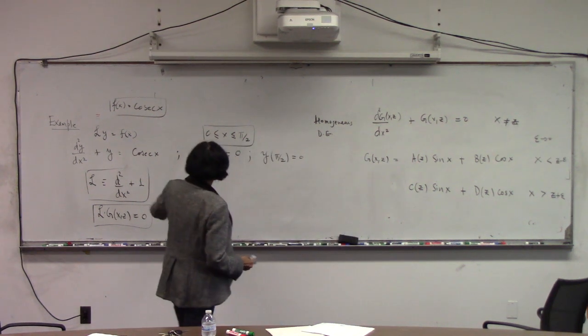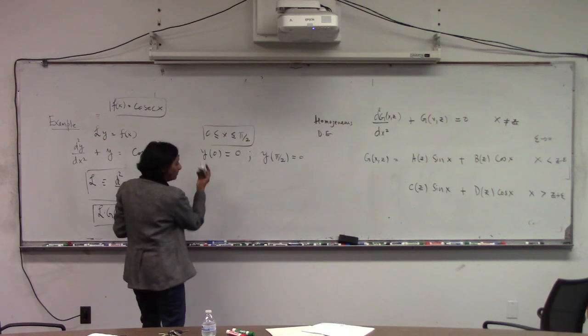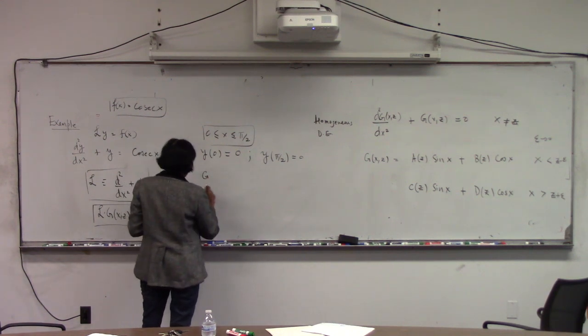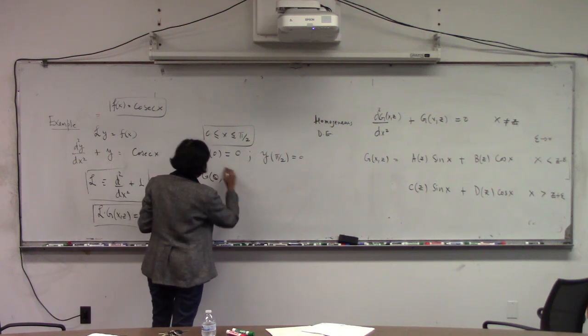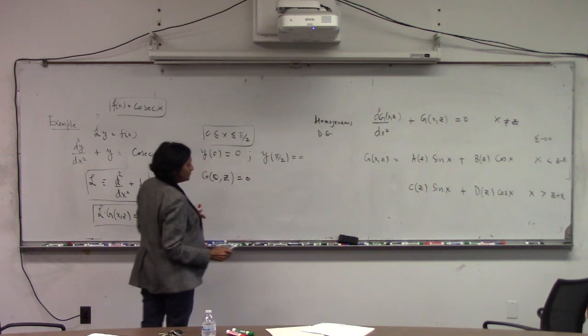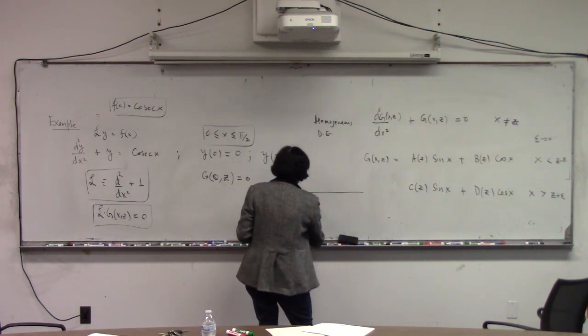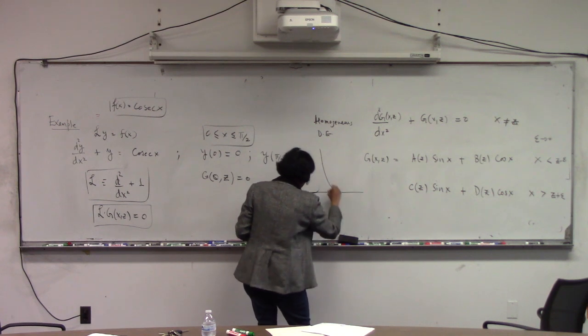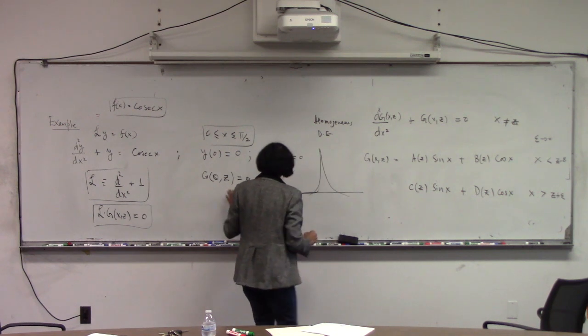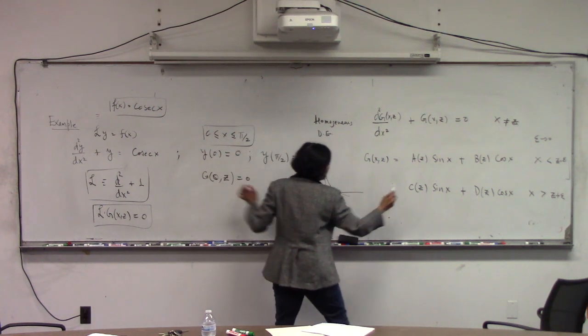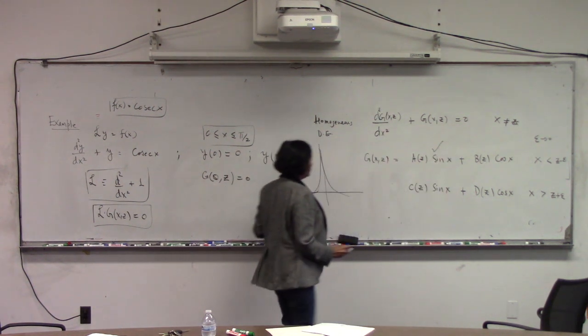All right, what else? Can we maybe start by applying the boundary condition first? I mean, g at x equal to 0 and any z is 0, right? This is below the discontinuity, right? So this boundary condition I'm going to apply to the first equation, okay?